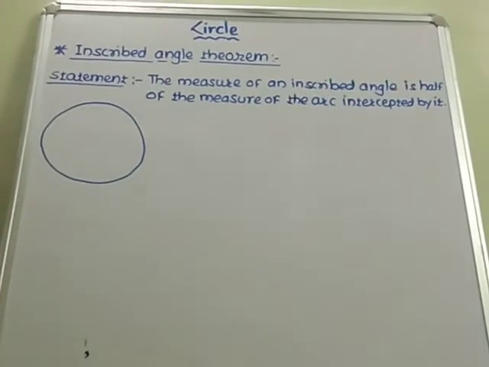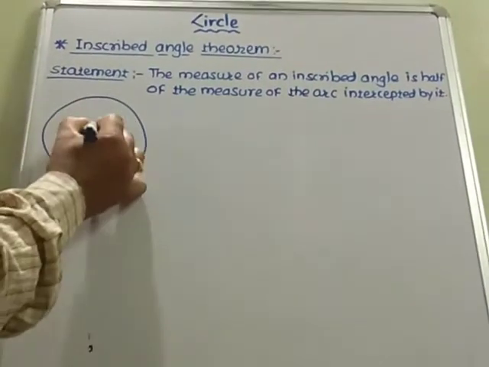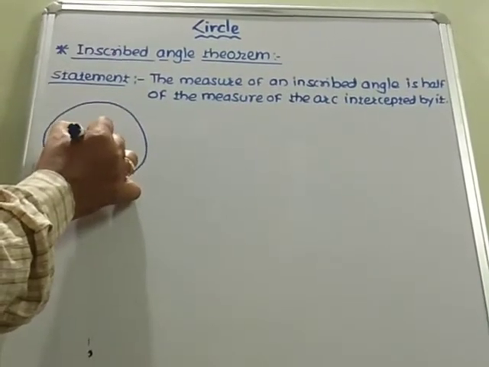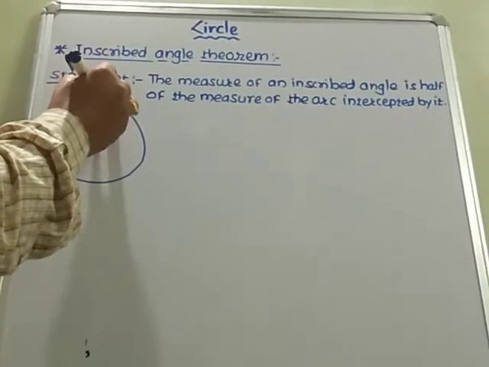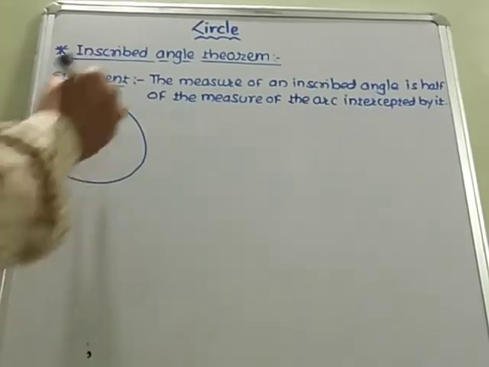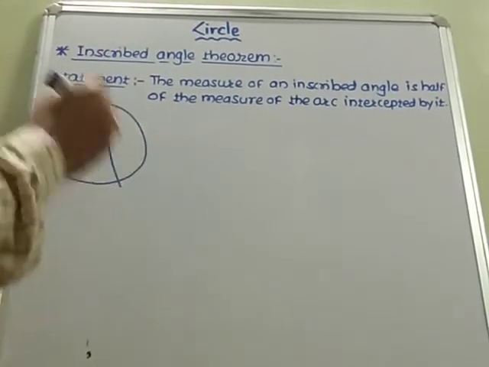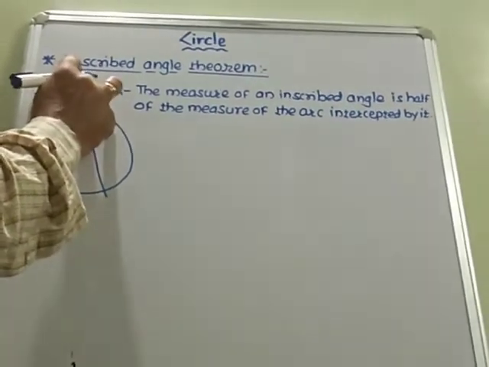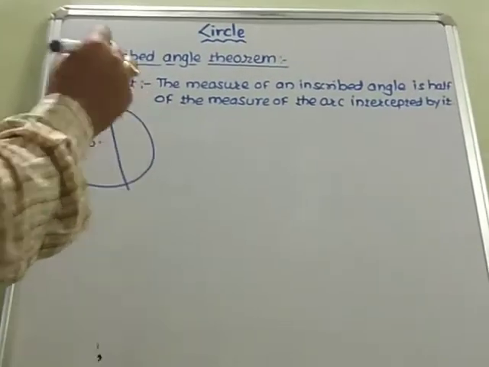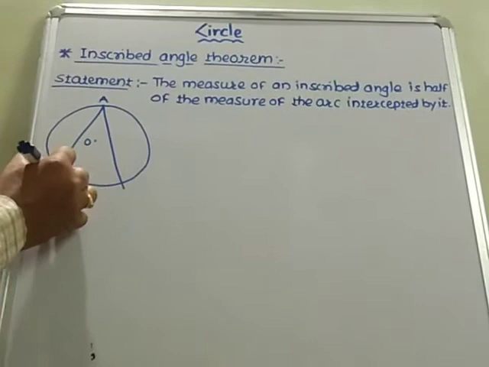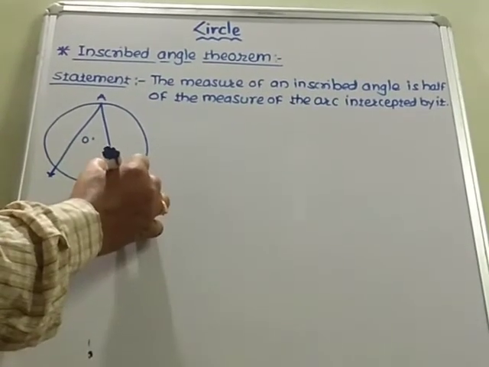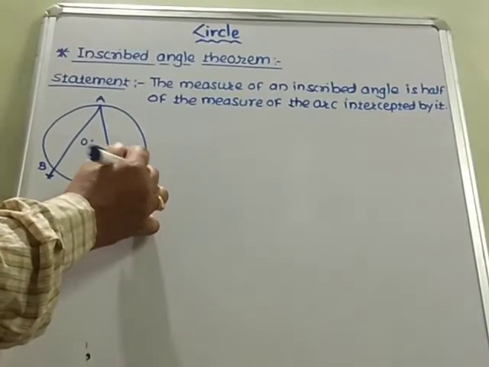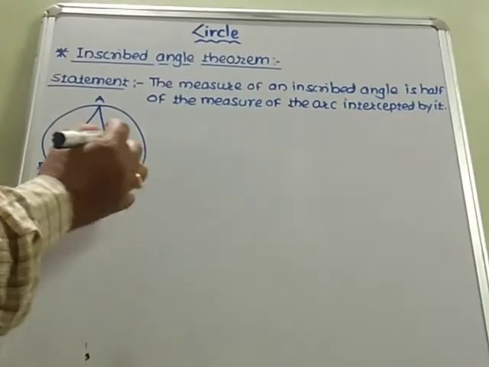Okay, this is a circle. This is the center O. Now here A, B and C.